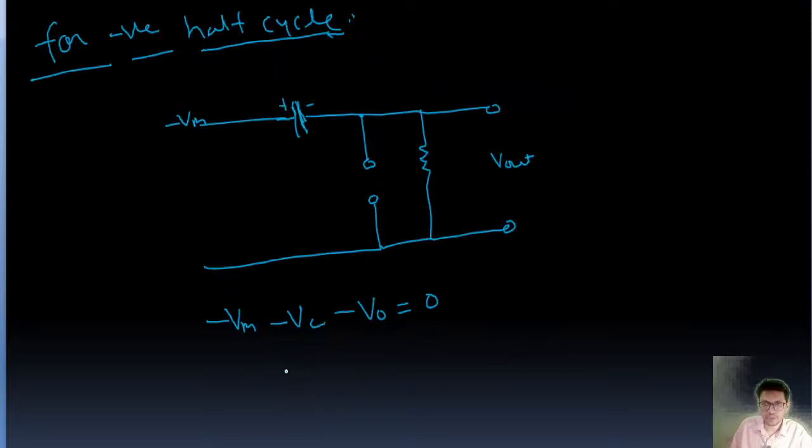So from here, V0 value is going to be minus Vm minus Vc, and the Vm value, guys, we know is minus 30 minus 20.